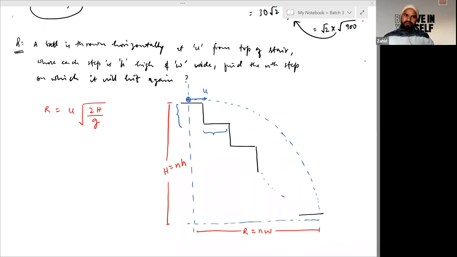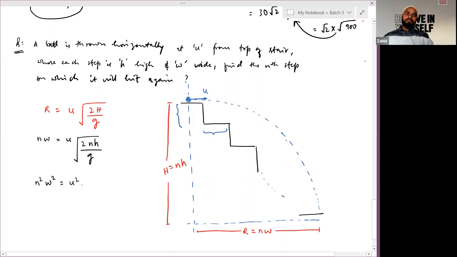Suppose if you put the value of R as n times w equals u root under 2 times H, which is n times small h, divided by gravity. So just squaring both sides, it will be n squared w squared equals u squared times 2 times n into h divided by gravity.